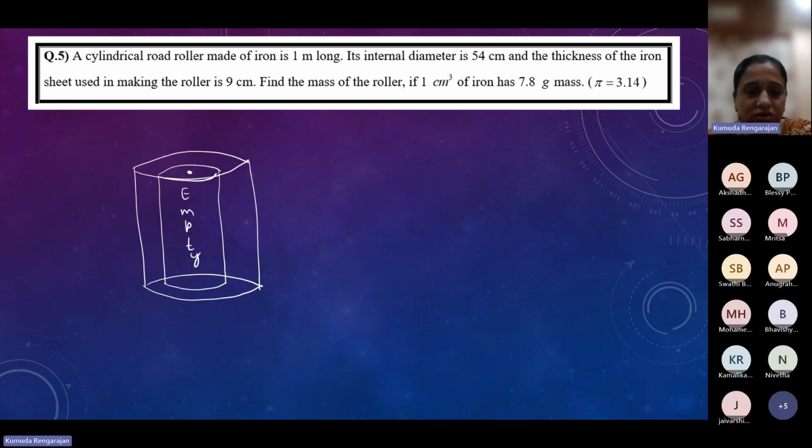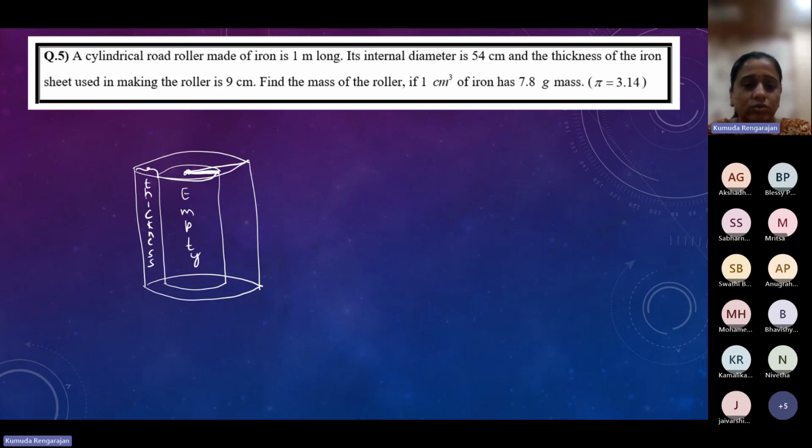So from here to this part is the inner radius. And from here to here is the outer radius. From the center to the inner wall. This is the thickness of the wall. From here to here is the wall. It's uniformly thick.